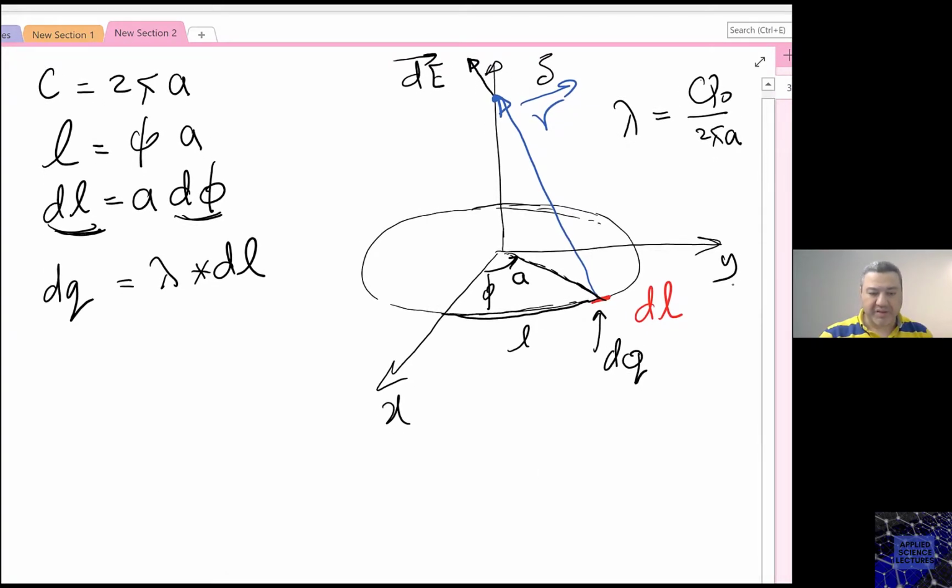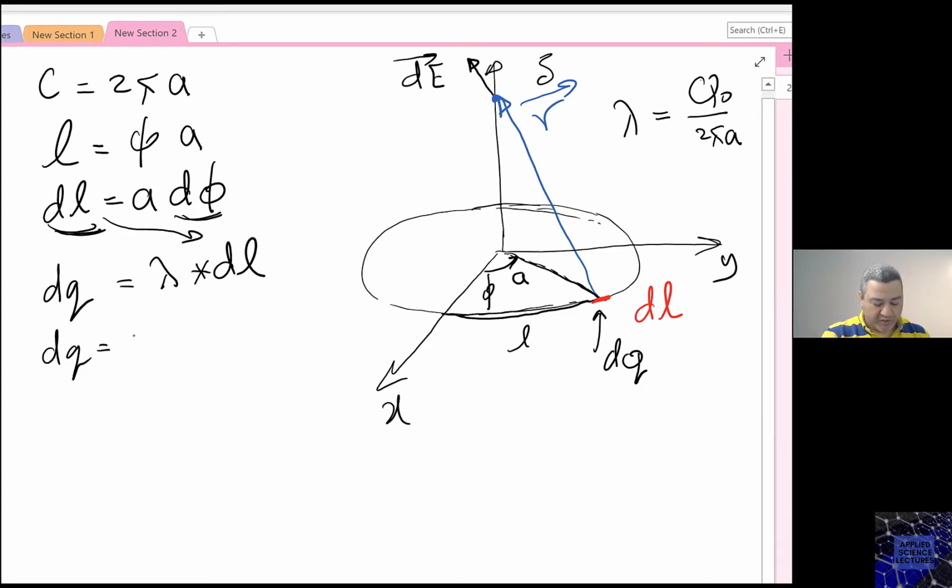My dl here is meter times Coulomb per meter, I get the Coulomb for this little dl. So if I substitute dl with its equivalent, I create a relationship between my dq and my variable.